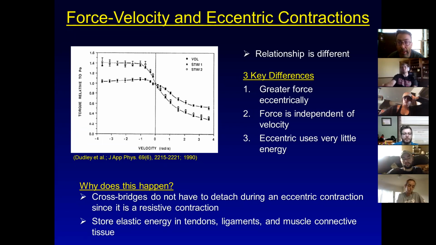And again, it goes back to the cross-bridge mechanics. When I do a lengthening contraction, when I go down with my bicep, because force isn't getting smaller, we should assume that I'm not having to break and detach my cross bridges, which is indeed what happens.